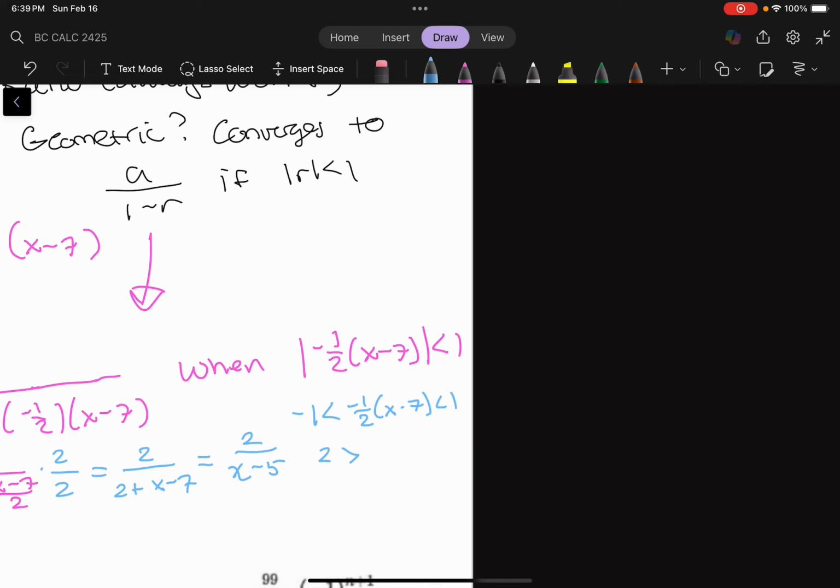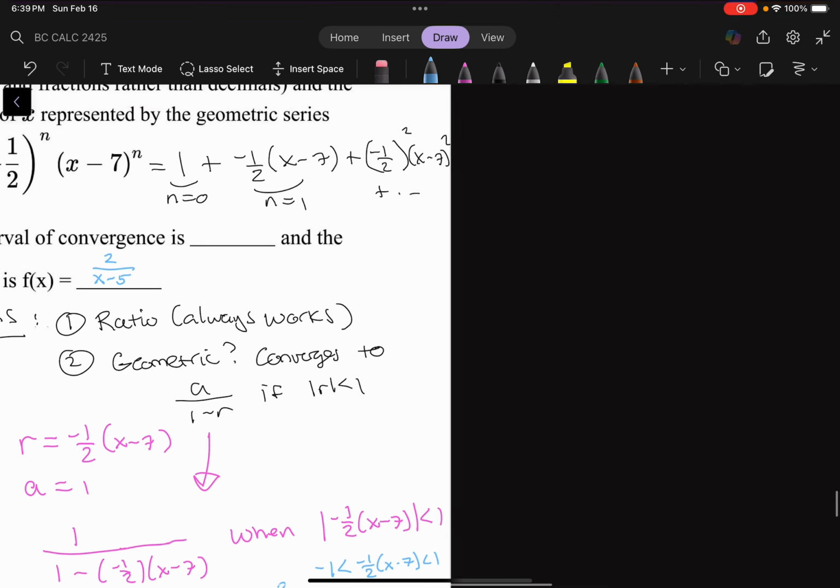So that becomes a 2, and this is an x minus 7, and that's a negative 2. And then add 7 everywhere. So you get this. It's written the wrong way, but 5 to 9. And you don't need to check endpoints because geometrics never converge at the endpoints.